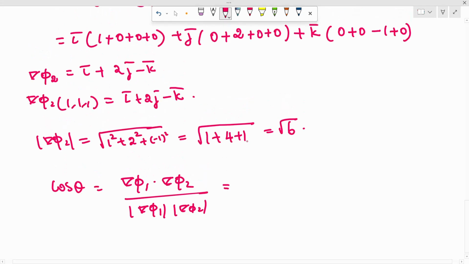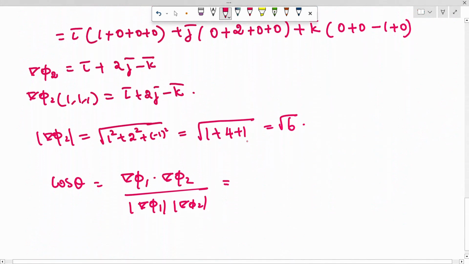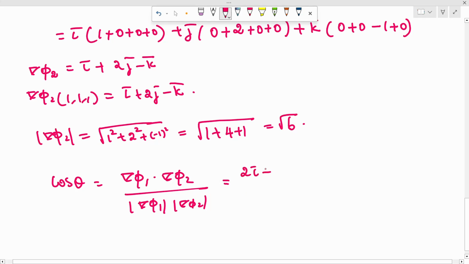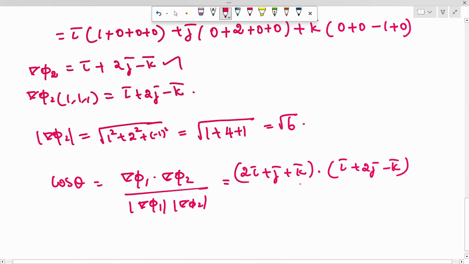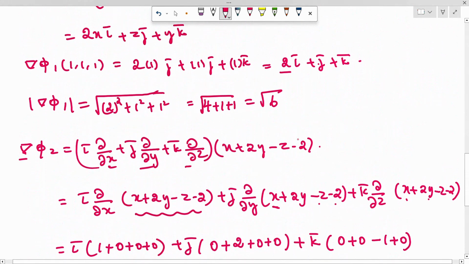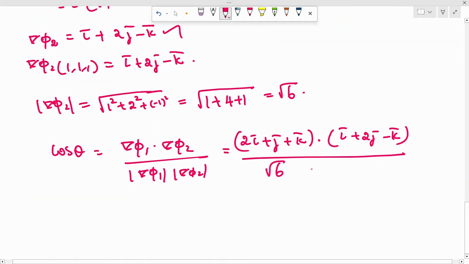Del phi 1 is 2i vector plus j vector plus k vector, dot del phi 2, which is I vector plus 2j vector minus k vector, divided by modulus of del phi 1, which is root 6, into modulus of del phi 2, also root 6.